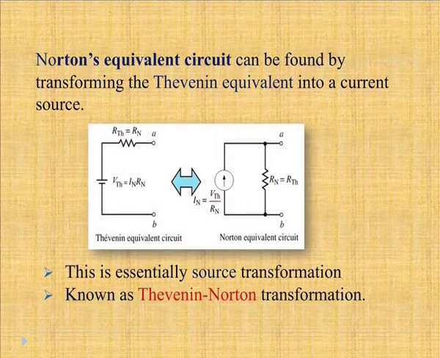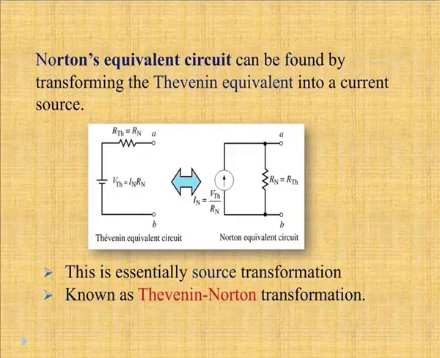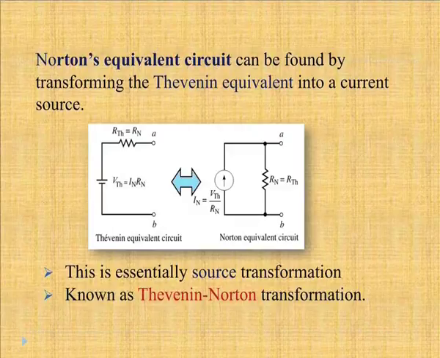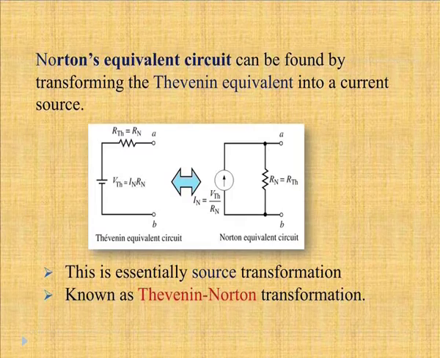Again, we can transform a Norton equivalent circuit into the Thevenin equivalent circuit by just using the source transformation theorem. As we know, a voltage source is converted into a current source by just using Ohm's law. So, we can convert a Thevenin equivalent circuit into a Norton equivalent circuit and vice versa. This is essentially a source transformation and is known as the Thevenin-Norton transformation.